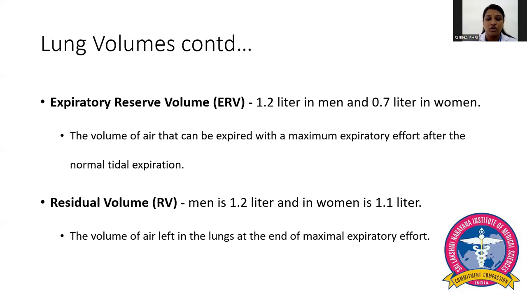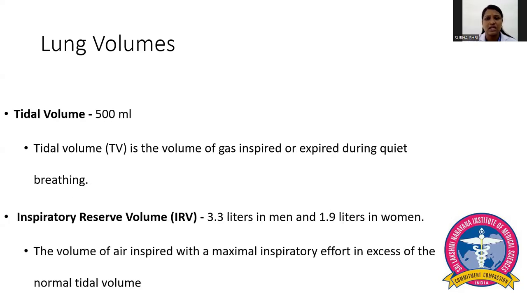So these are the four volumes. What are the four volumes? We have tidal volume, inspiratory reserve volume, expiratory reserve volume, and residual volume. What is tidal volume? Tidal volume is at rest how much amount of air can be inspired or expired. What is inspiratory reserve volume? It is the volume of air inspired in addition to tidal inspiration.